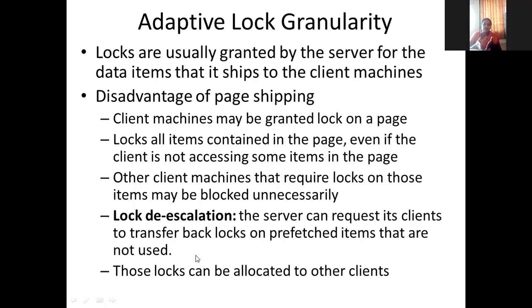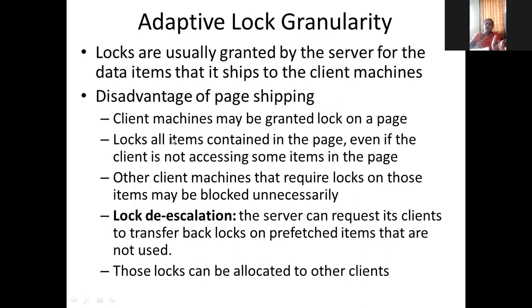Lock de-escalation means what? The server can send the request to the client to transfer back the locks on the pre-fetched atoms that are not used. Okay, so those locks can be allocated to another client, and afterward, getting back that lock, C and D can be allotted to the other client.